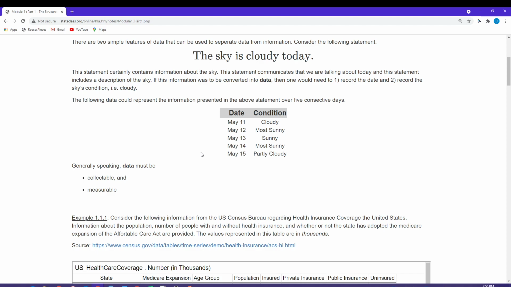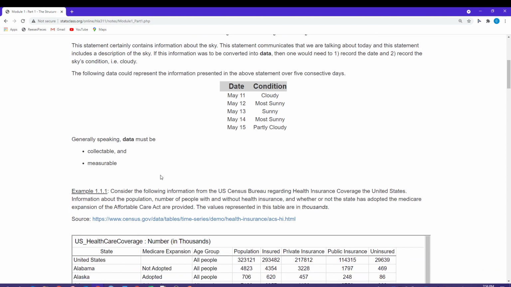Generally speaking, the two things that define data, or data must have, is that data must be collectible. You must be able to obtain it. And the other thing is that it must be measurable. Okay, and when we use the word measurable, we don't mean necessarily that it has to be somebody's height, like myself.